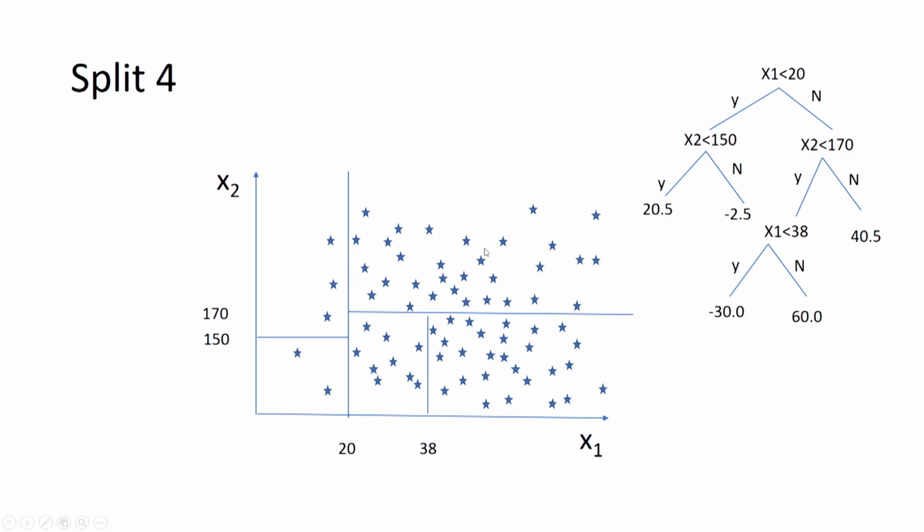For a given new instance, we will find in which particular group it belongs, and suppose it belongs to this group. Its average response variable value is already written here. So, we will predict this value as the response variable value for that new instance.